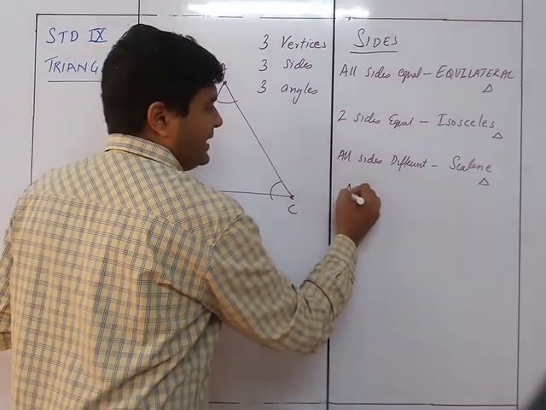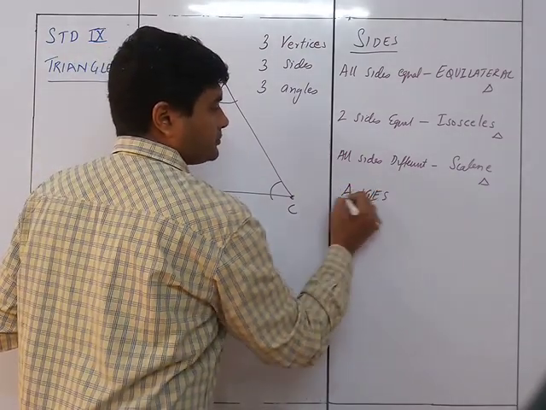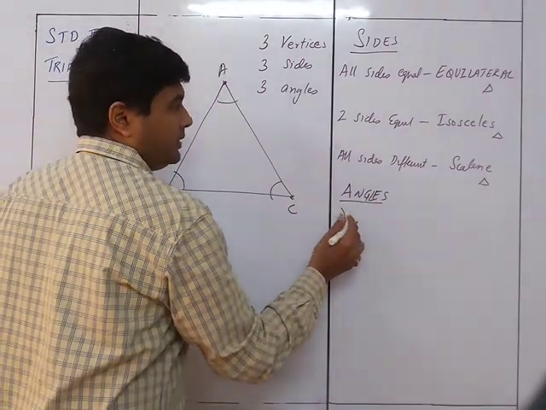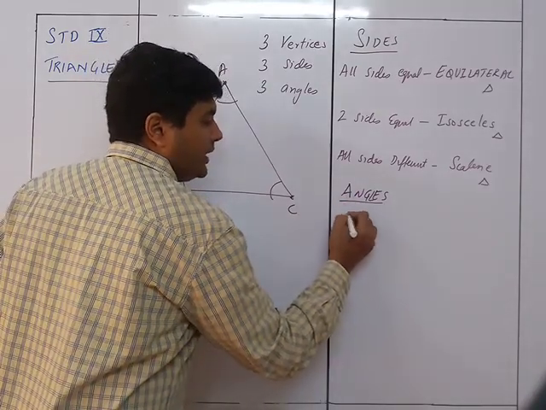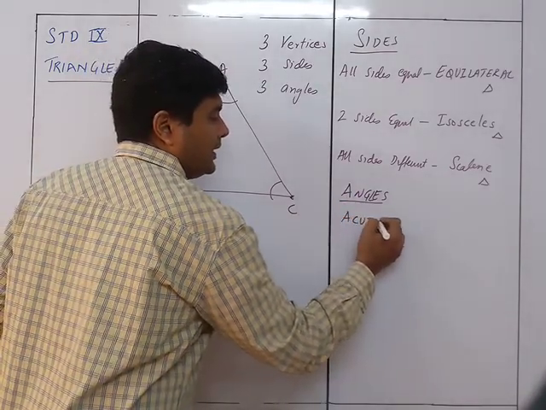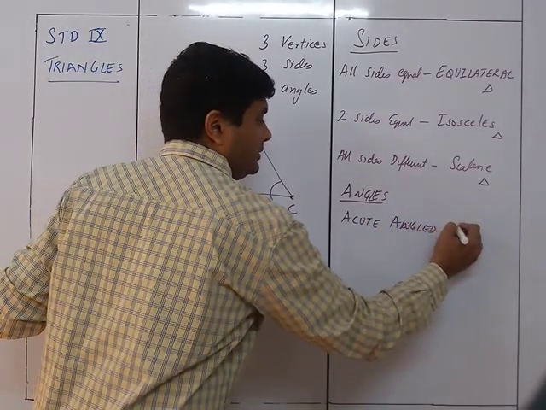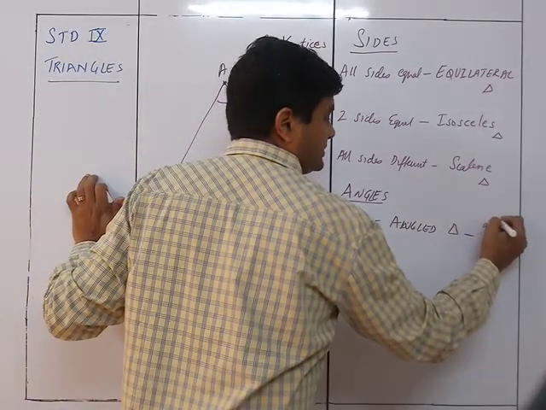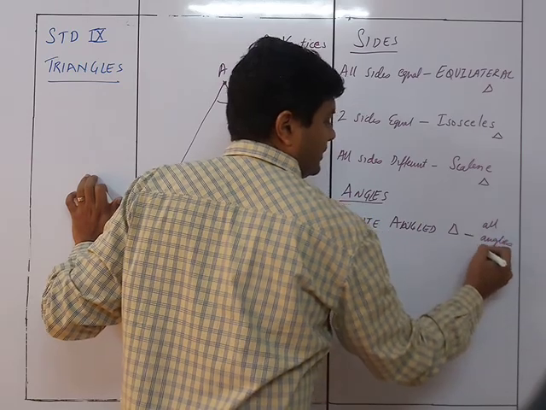Similarly, based on the angles, we have got three kinds of triangles. The first one is the acute angle triangle, meaning all angles are acute.